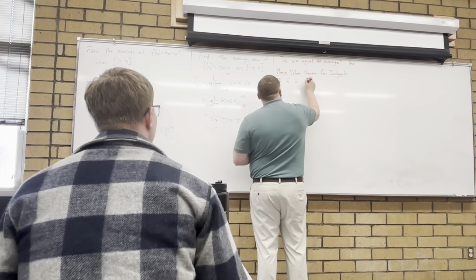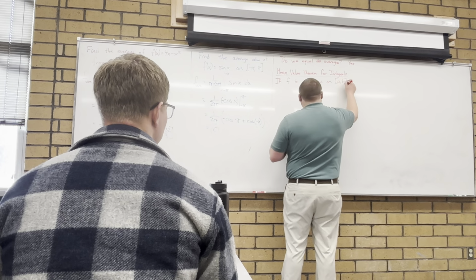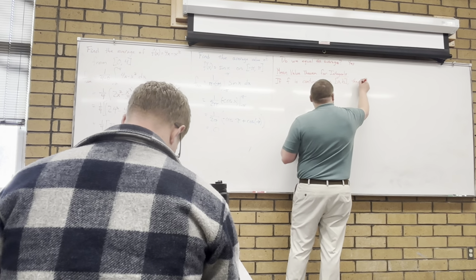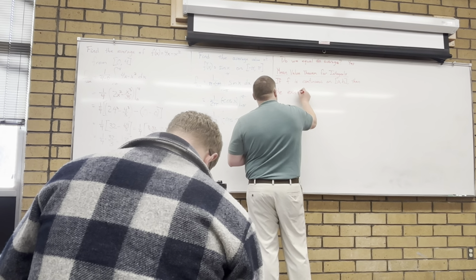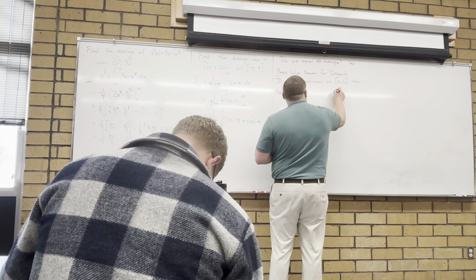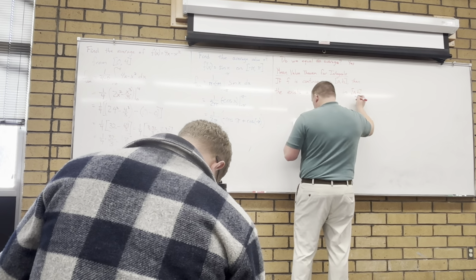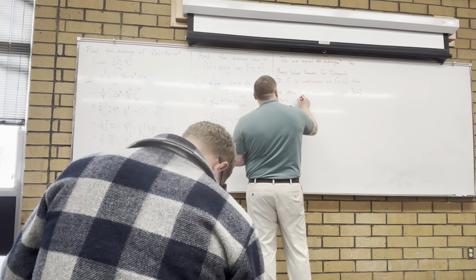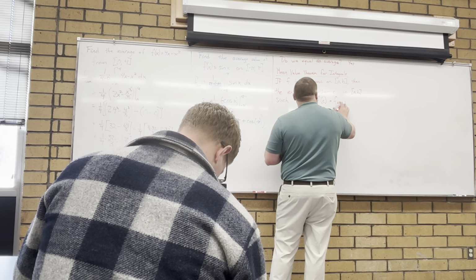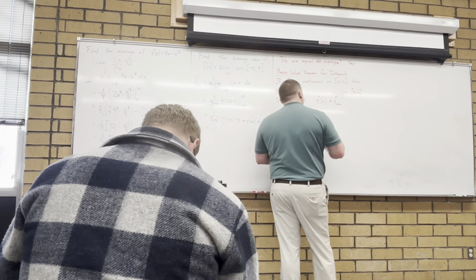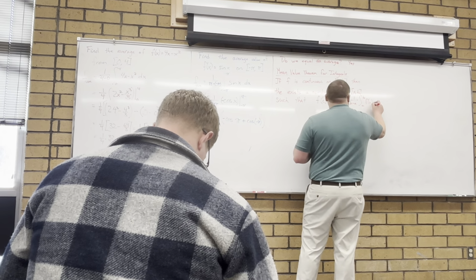If f is continuous on a to b, then there exists a number c in the interval from a to b such that f of c equals f average, which again is equal to 1 over b minus a times the integral from a to b of f of x dx.